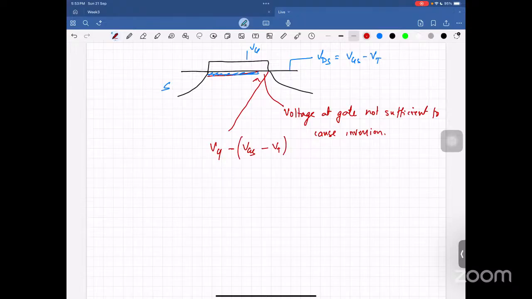If you consider this, this will be your Vx at the drain end, which is equal to VDS. Okay, and this is VG. So what is happening is this is turning out to be equal to VT. So when your VDS is exactly equal to VGS minus VT, you will just have inverted this point. This edge is just inverted, just enough to cause inversion.